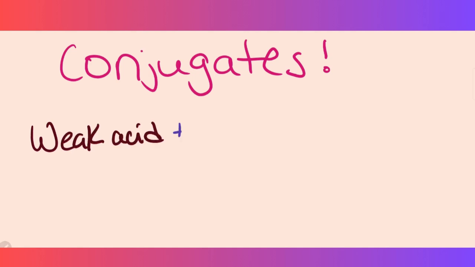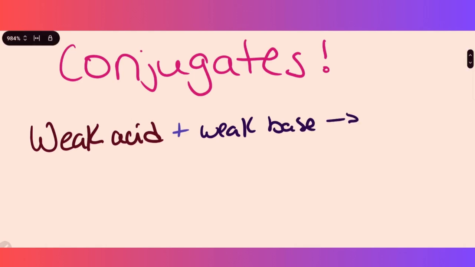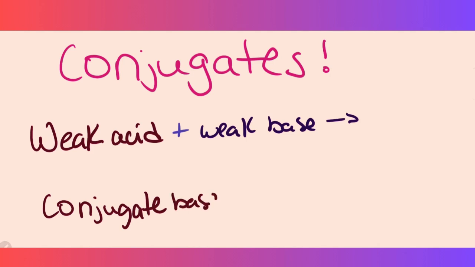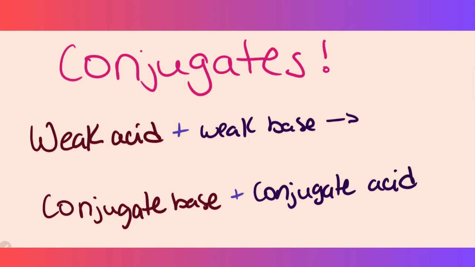And now onto the conjugates. So if you were to mix a weak acid with a weak base, you would end up getting a conjugate base from the acid and a conjugate acid from the base.